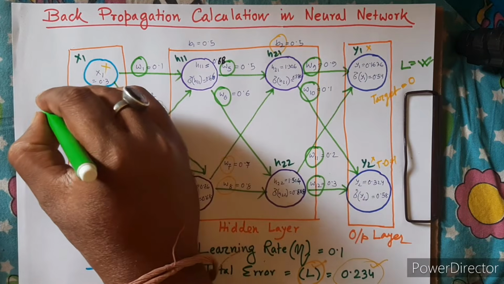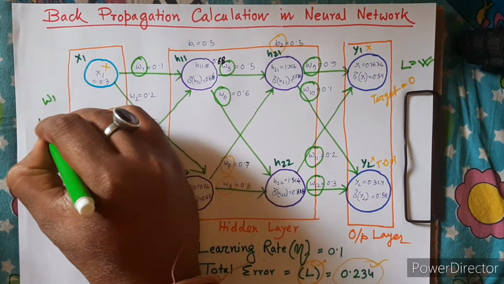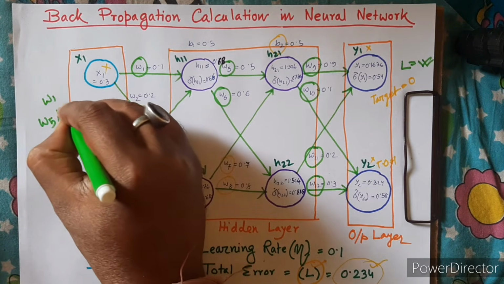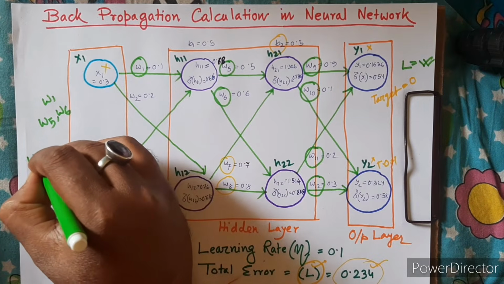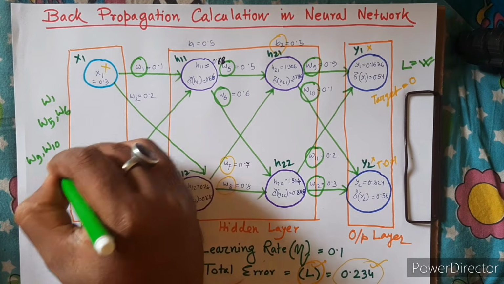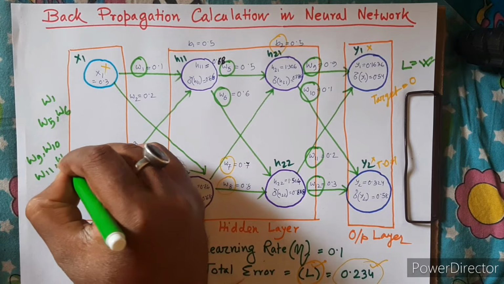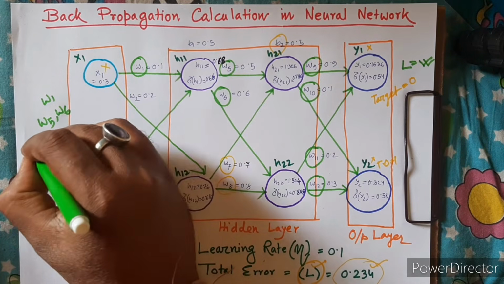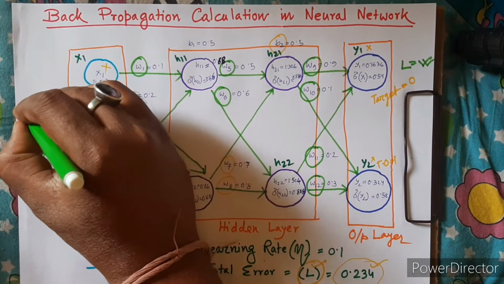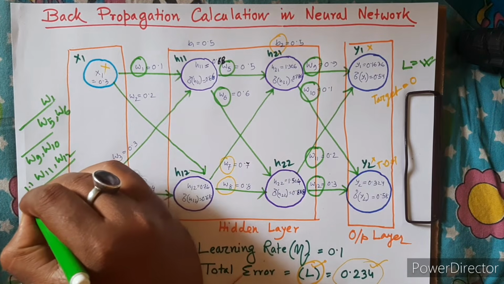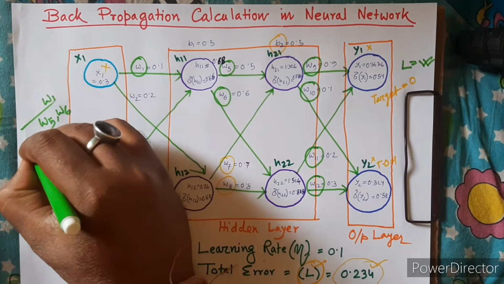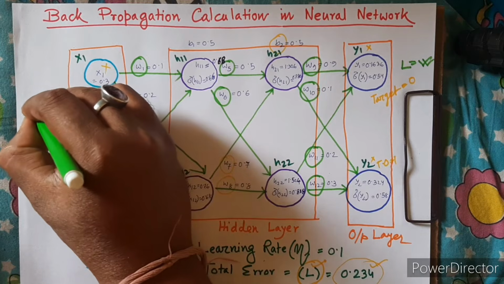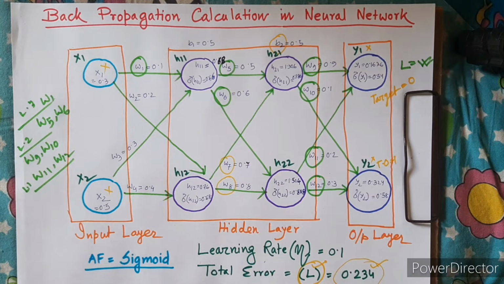So I will go for W1, W5 and W6 in the next layer, and W9, W10, W11, W12 for the next layer. So this is layer 1, this is layer 2, and this is layer 3. So that's how we will calculate.